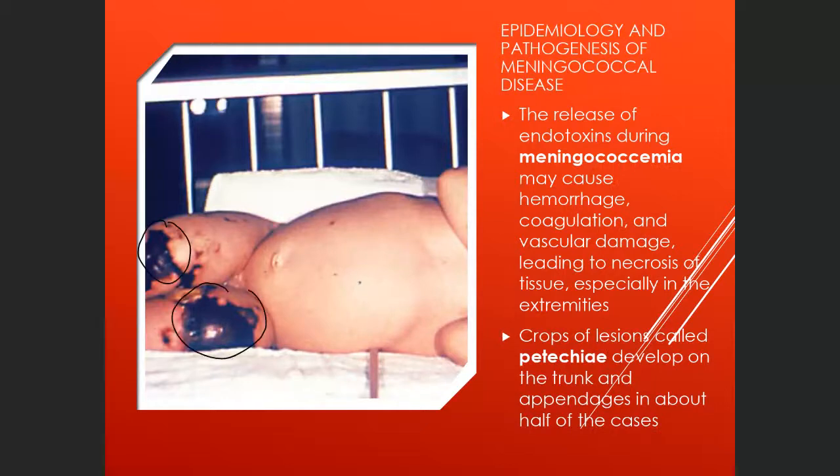So you see that one. It can cause hemorrhage, which is bleeding, and then coagulation, vascular damage, and necrosis. So you see, this is actually necrosis under the skin, especially in the lower extremities, the leg and the foot.